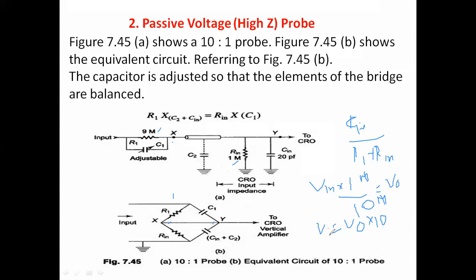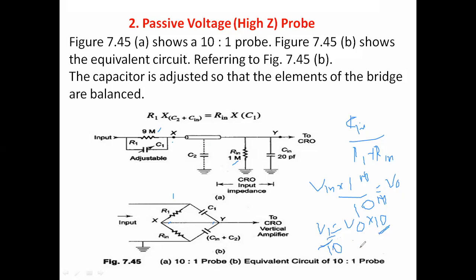So this is the 1 times and this is the 10 times, so we get a 10 by 1 probe. Input is multiplied by 1 time, and the output is multiplied by 10 times. So the output is obtained as V in by 10.